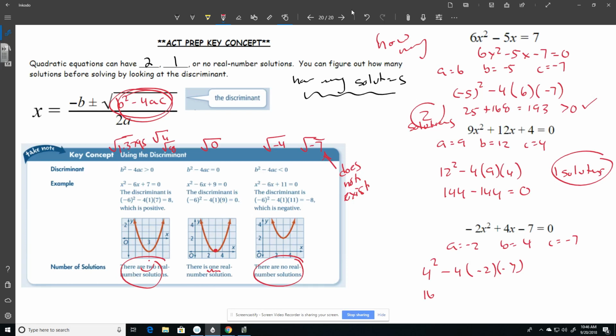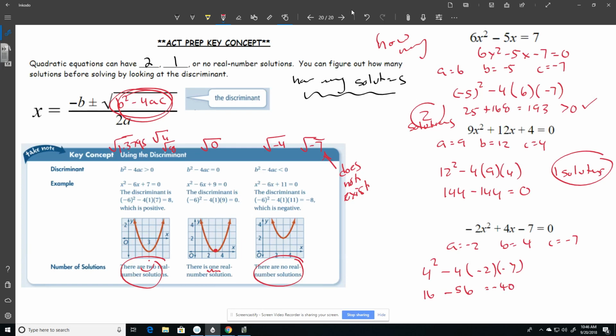Negative 64? Because 4 times 2 is 8. 8 times 7 is not 64. 4 times 2 is 8, 8 times 8 is 64. So this one is just 56. 16 minus 56 is negative 40.